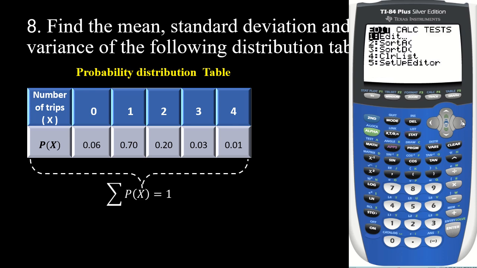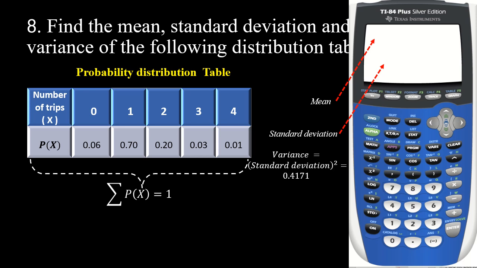Now we're going to do calculate 1-Var Stats L1, L2. Therefore, the mean is 1.23. The standard deviation is 0.646, rounded to 3 decimal places. And the variance is the square of the standard deviation, and in our case here is 0.4171.